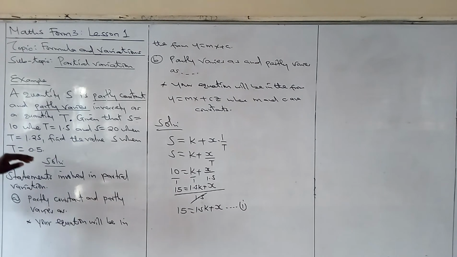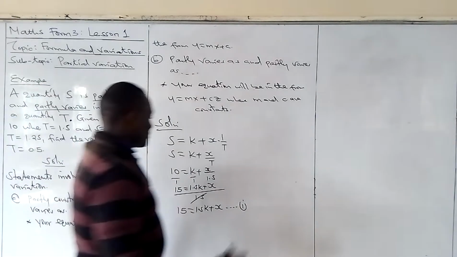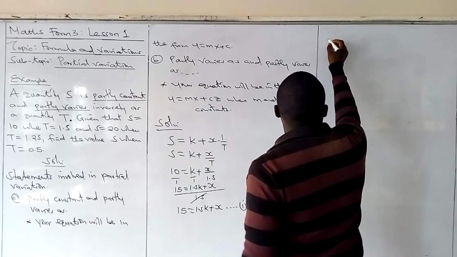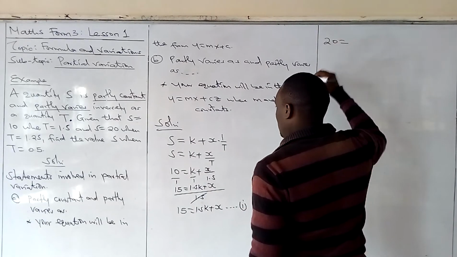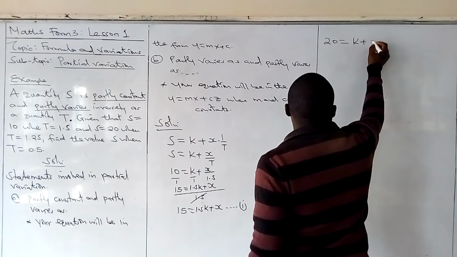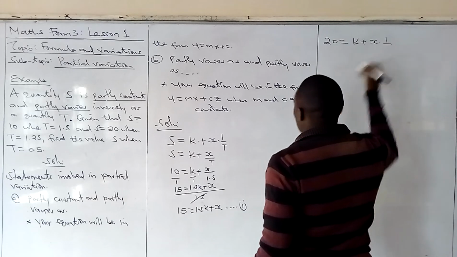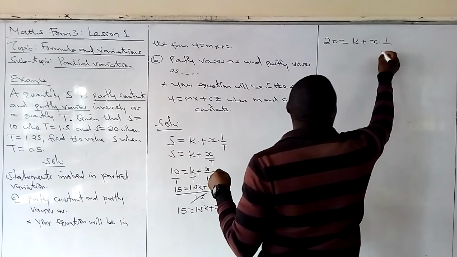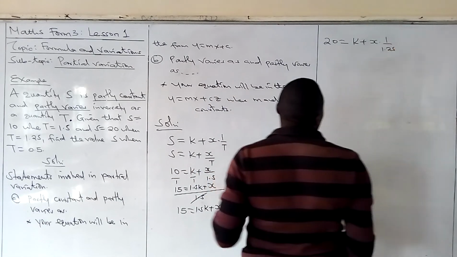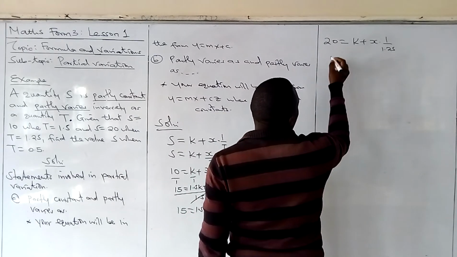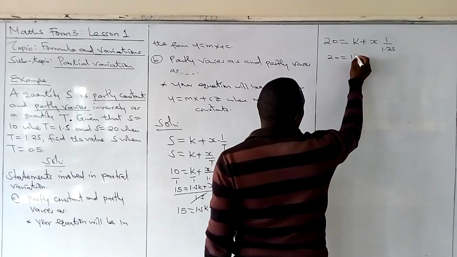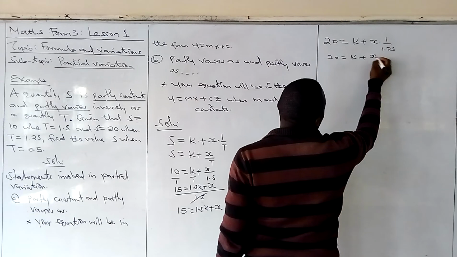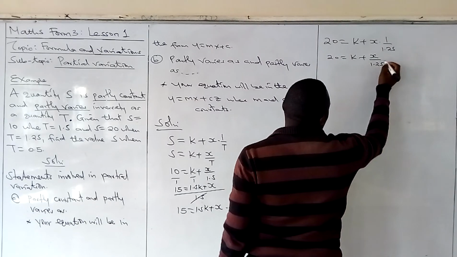Now let's go back and continue with our statement. When s is 20, t is 1.25. So we can now write this as 20 is equal to k plus x over 1.25.